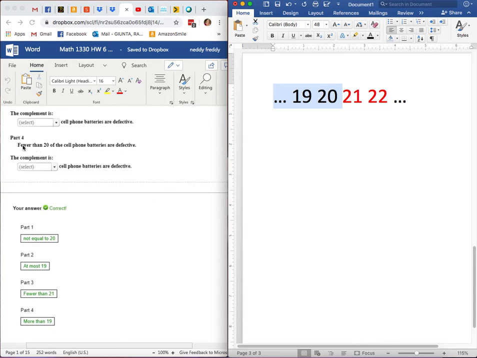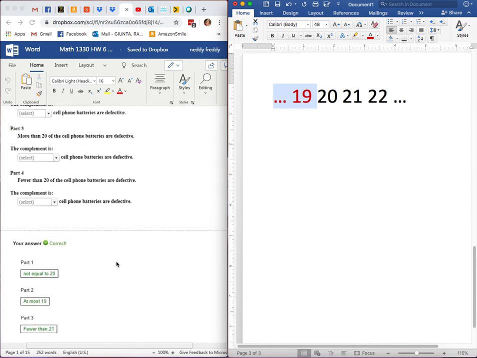Part 4, the original statement is fewer than 20 are defective. So I'm going to change that. Fewer than 20. Does fewer than 20 include 20? It doesn't. It includes 19 and everything less than that. And so the answer choices for this are all more than something.